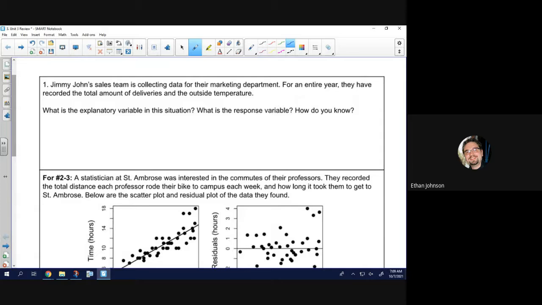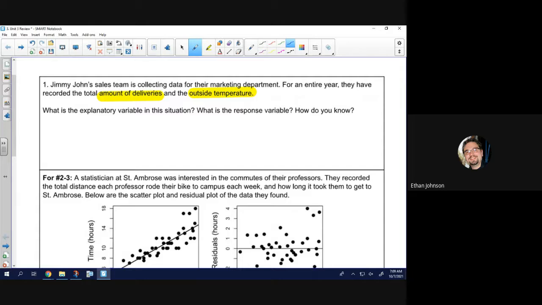So remember, the explanatory variable is the thing that we really can't control. It affects the other thing. So our two things that we kept track of were the outside temperature and amount of deliveries. Well, if we think about it, does the number of deliveries affect the temperature, or does the temperature affect the deliveries?